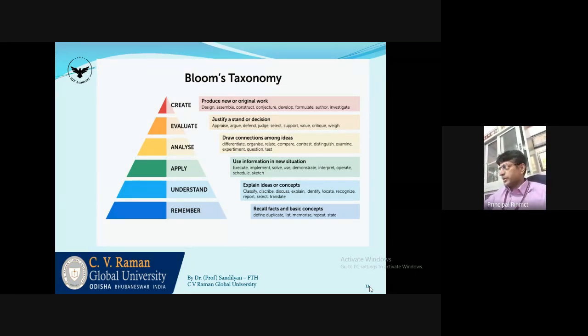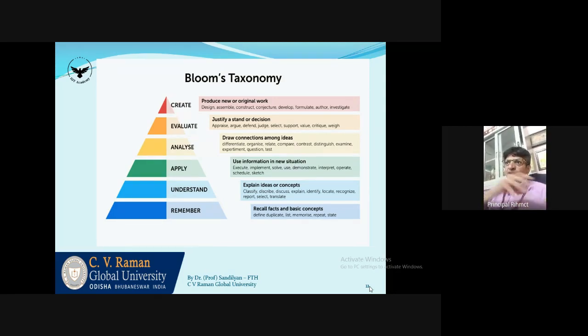Remember, it's all lower order. When you apply some rules, so apply this formula and solve this problem. You apply the knowledge that you have learned and you answer some open book questions. This is the middle order. There are three answers to a solution. So the student is asked to analyze and come out with which is the best answer to be followed. This is the middle order thinking.